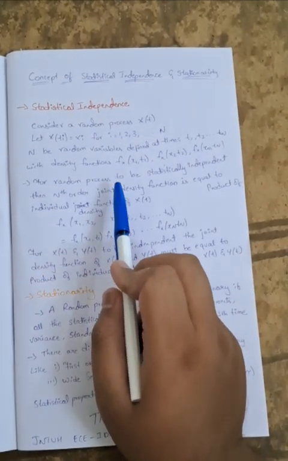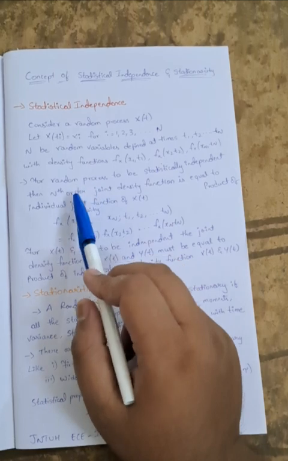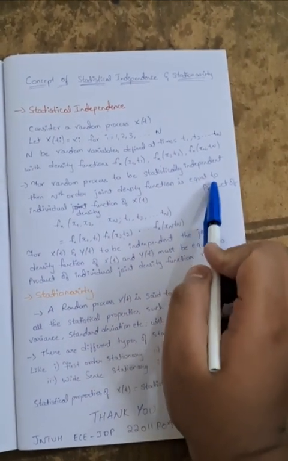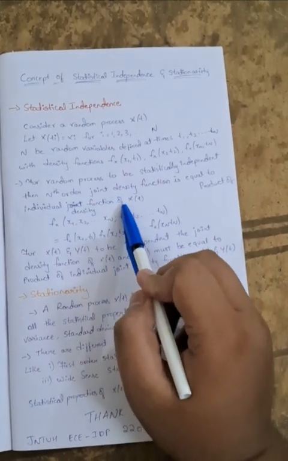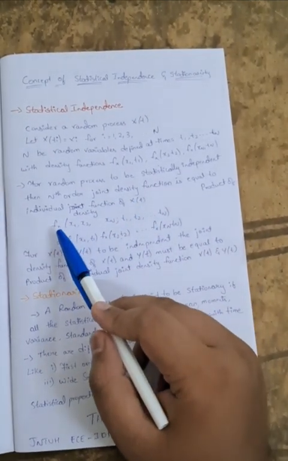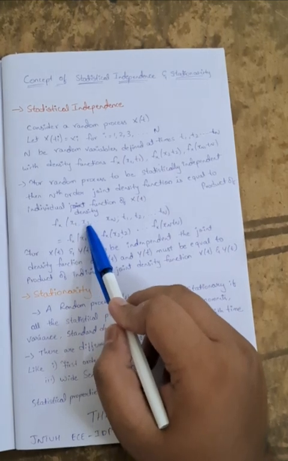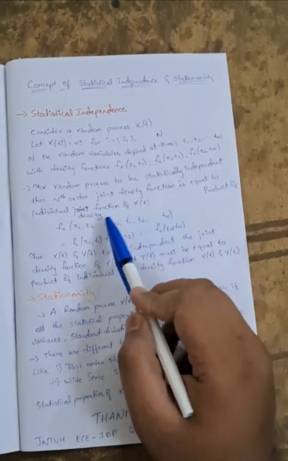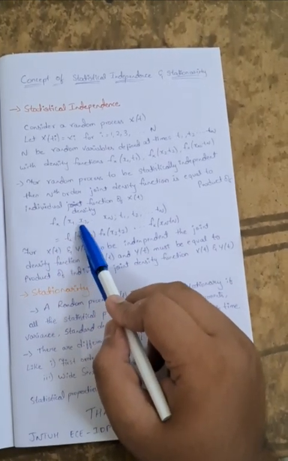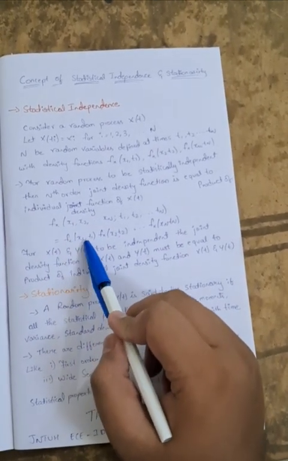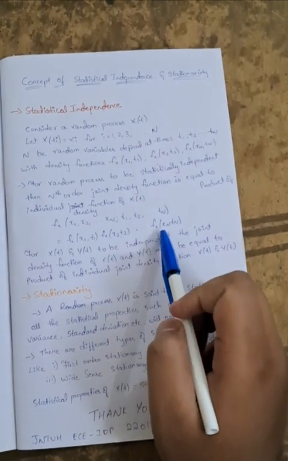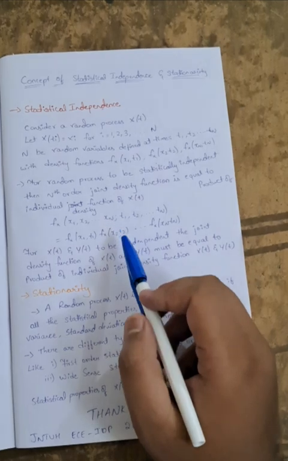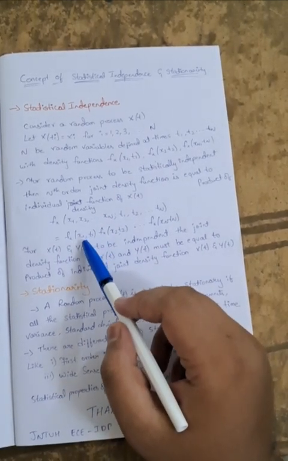For the random process to be statistically independent, the condition is that the nth order joint density function must be equal to the product of individual density functions of x(t). Mathematically, fx(x1, x2 and so on up to xn; t1, t2 and so on up to tn) represents the joint density function of x(t), and fx(x1,t1), fx(x2,t2) and so on up to fx(xn,tn) are the individual density functions.